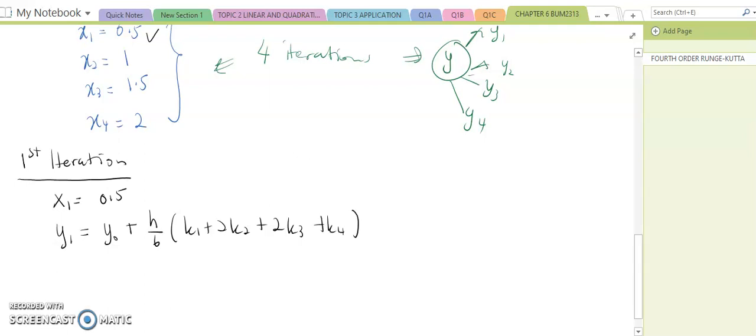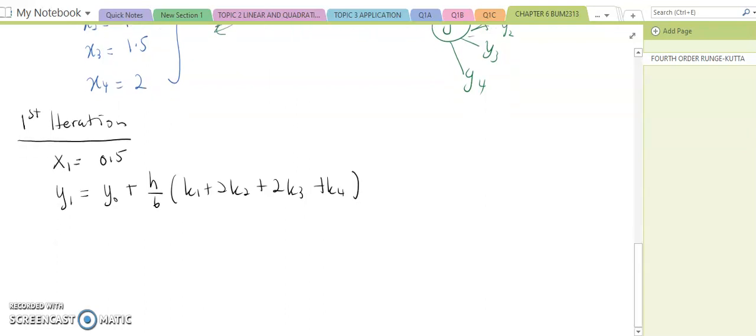So to find the y1 value, we need to find k1, k2, k3 until k4. And k1 is equal to f of xi, yi. So for the first iteration, it is f of x0, y0.